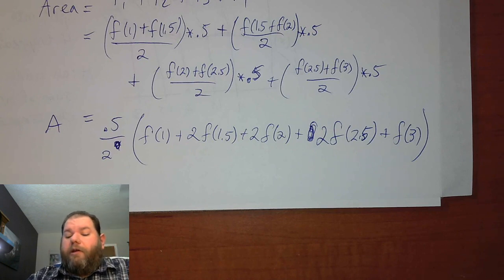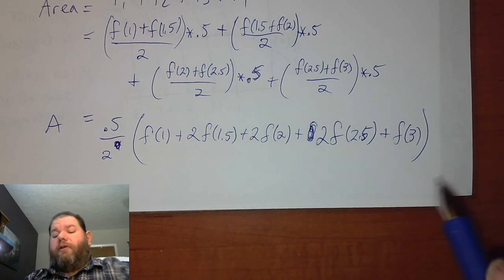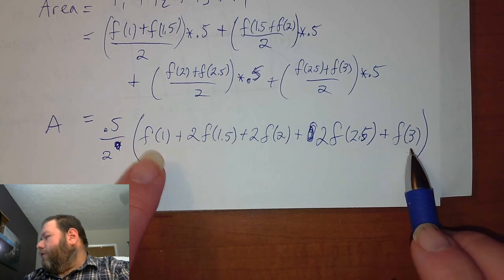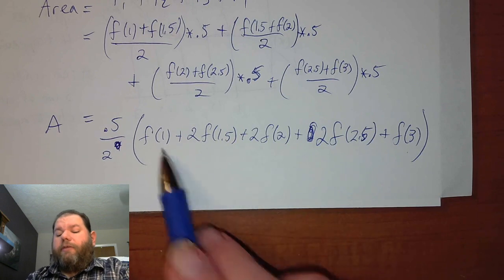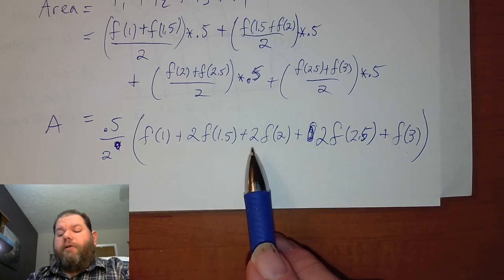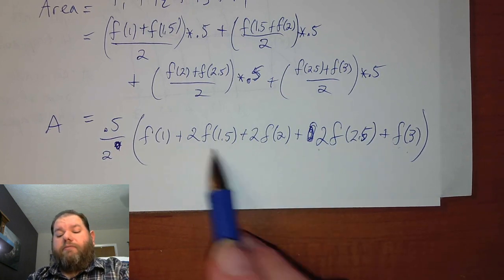So this should help us identify a formula for the trapezoid rule. And the idea is that inside the parentheses, the left and right boundaries, those are used one time each, but every one in between is used twice. Okay?